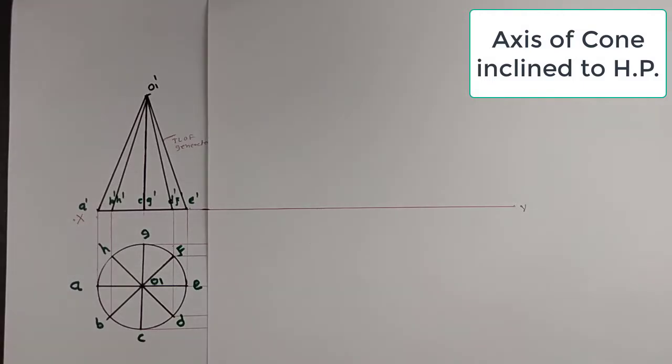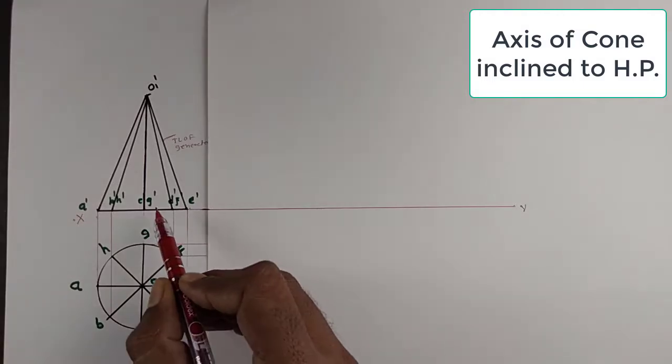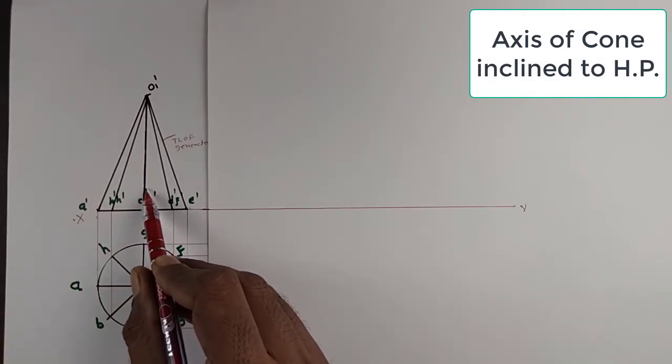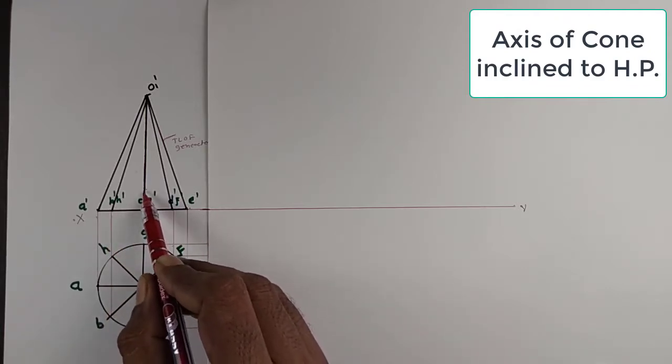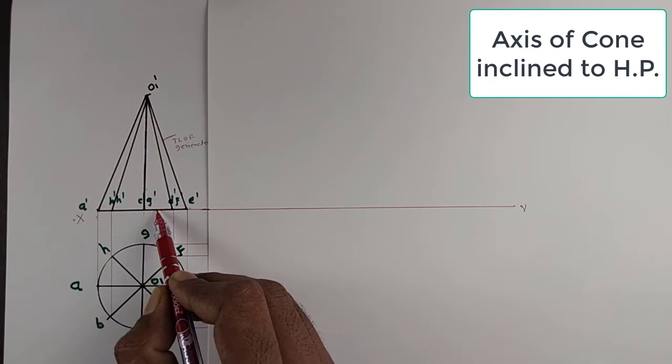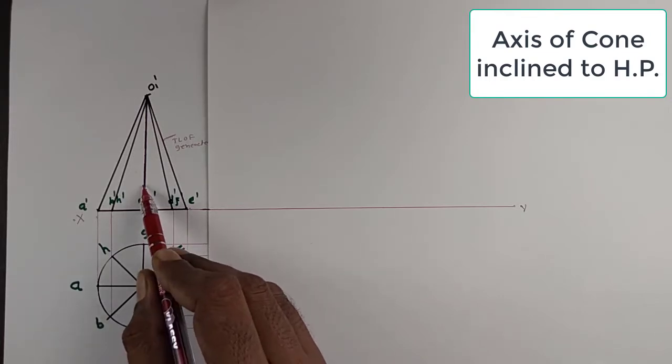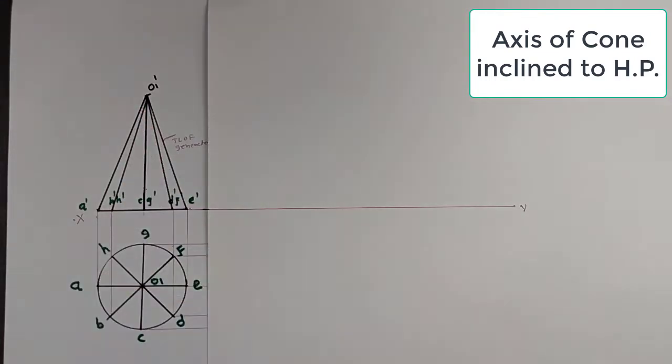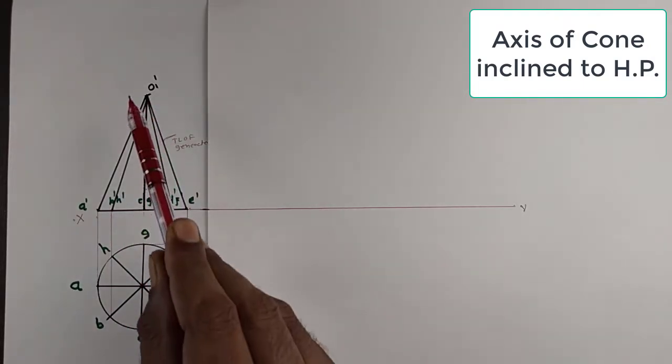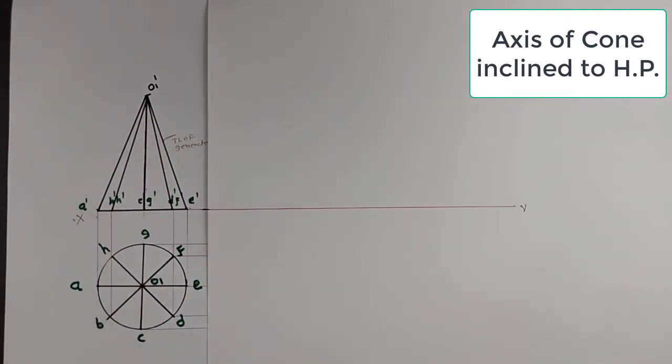And what is the relation here? This is my axis and this is the base. The axis of the solid is perpendicular to the base. Now your axis C dash O1 dash is inclined to HP at 60 degrees. It means your base is inclined to HP at 30 degrees.